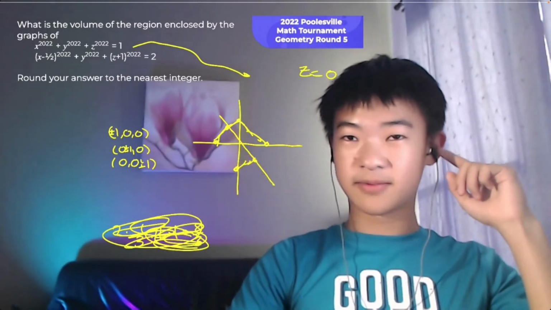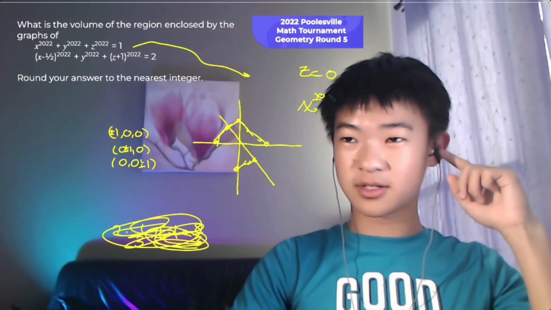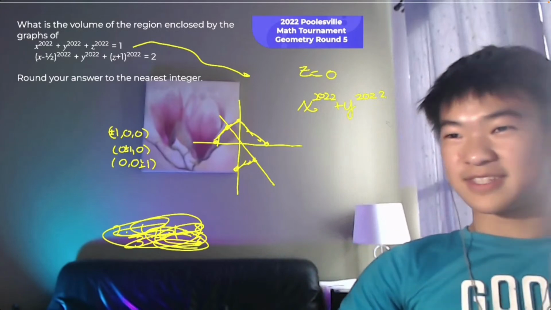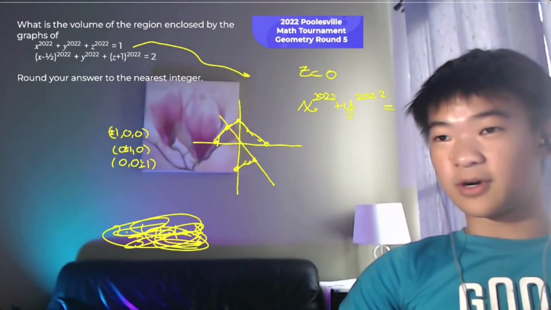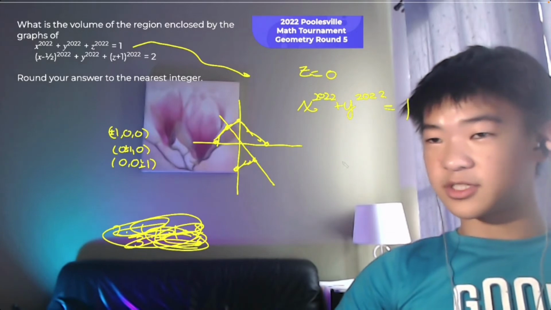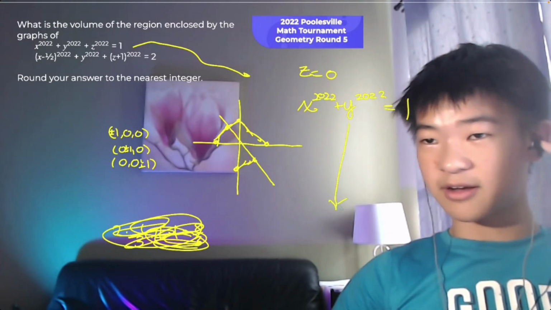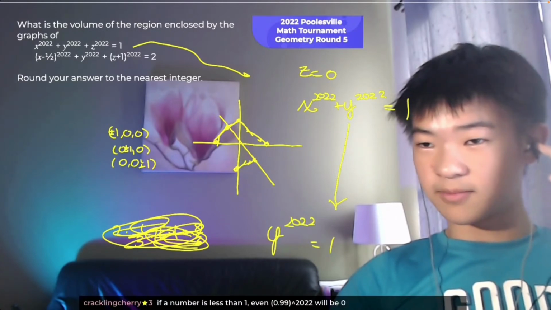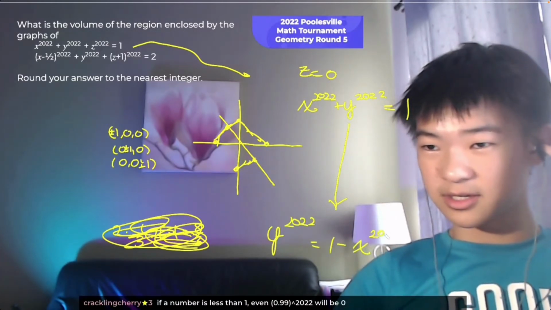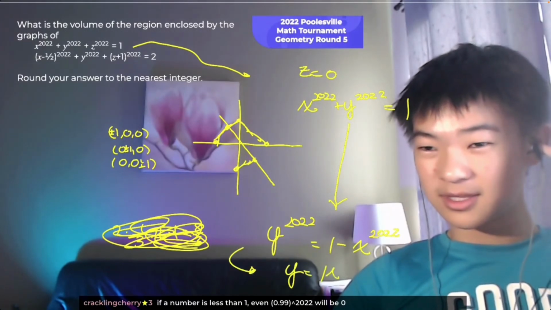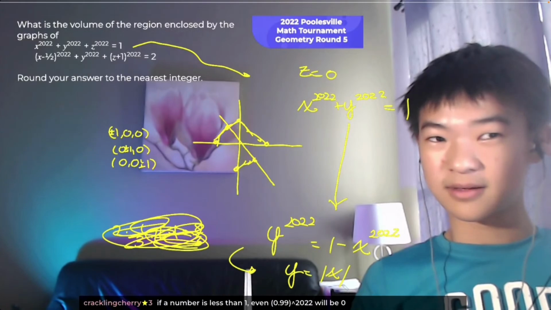And then the equation would be x to the power of 2022 plus y to the power of 2022 is equal to 1. I was trying to imagine what the two-dimensional graph of y to the 2022 equals 1 minus x to the 2022 looks like. And I'm guessing it's something like y is equal to the absolute value of x.